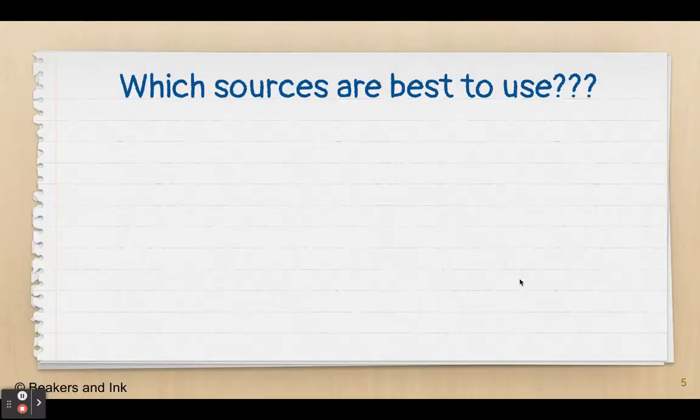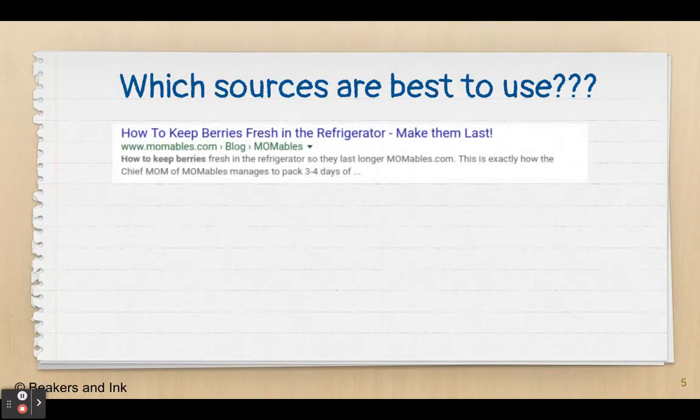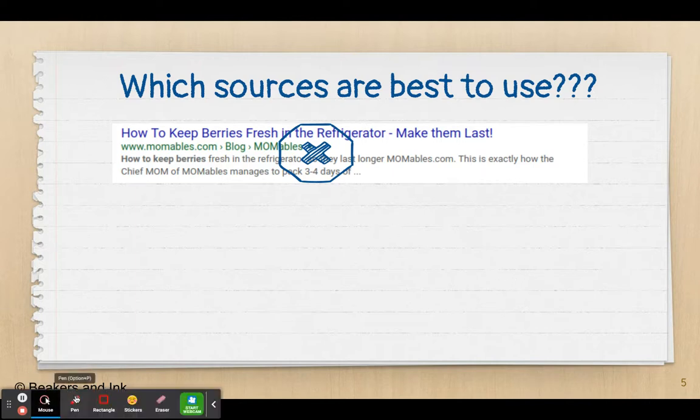So, which sources are best to use? I want us to look at these examples. So, how to keep berries fresh in the refrigerator, make them last. If you take a look, I'm going to use my pen tool right here. This ends in .com. This is not a credible source.